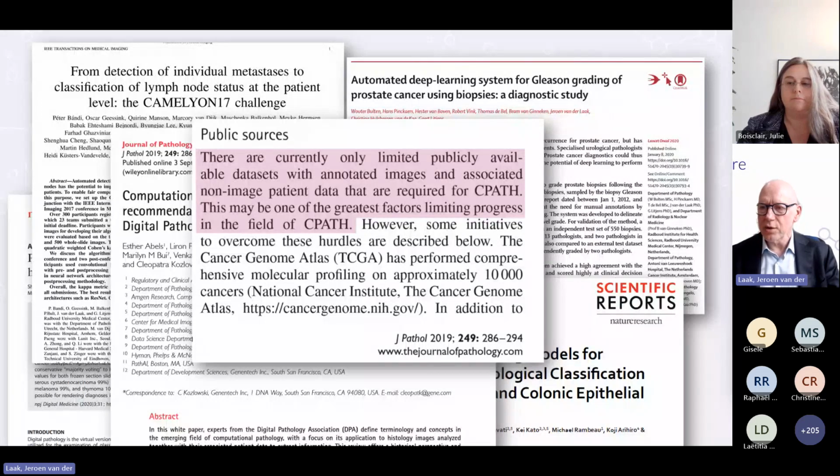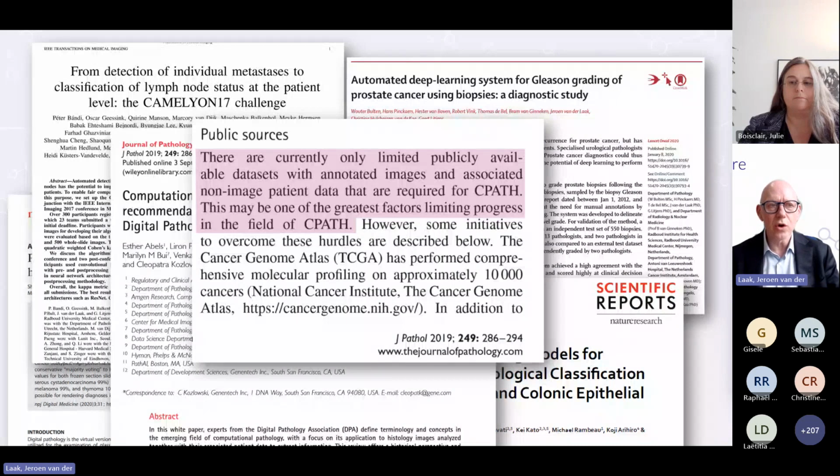So what we learned here is that sharing data is extremely important. We can develop a lot of AI, but the fact that a lot of people, a lot of companies, a lot of academics have limited access to data is actually one of the greatest limiting factors.